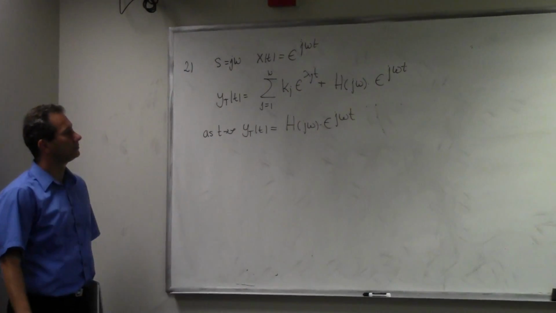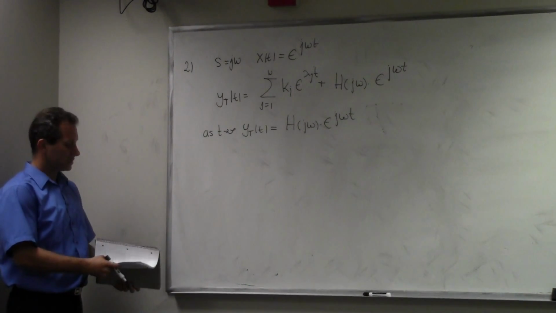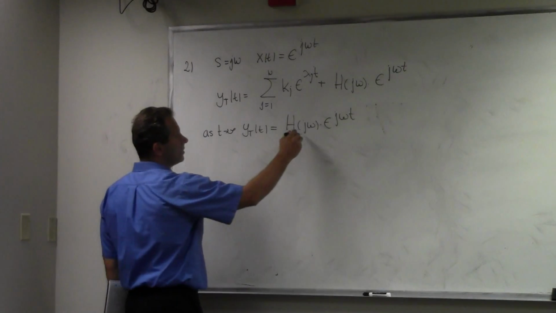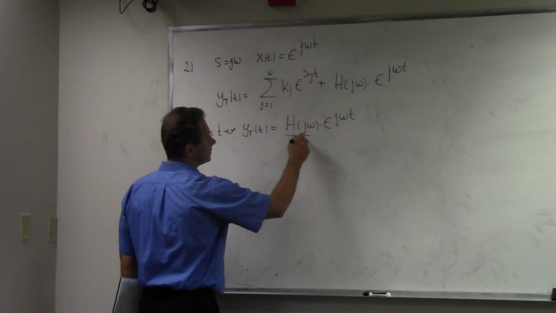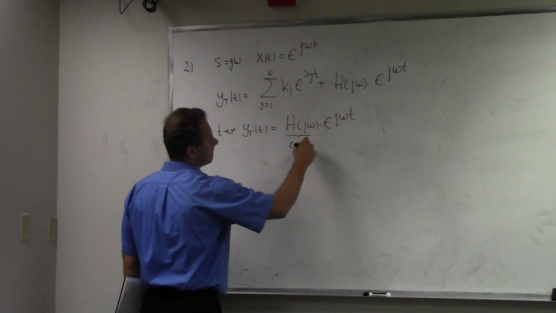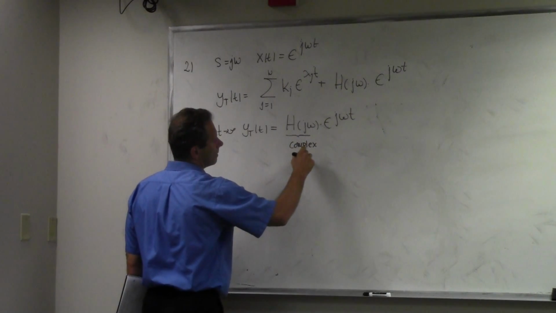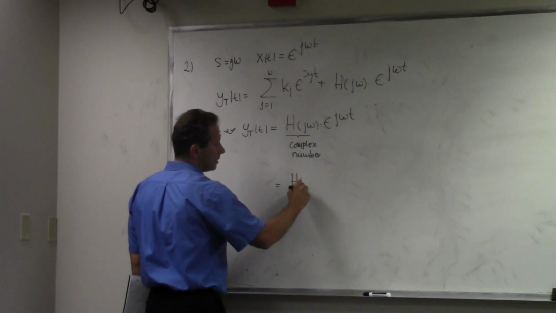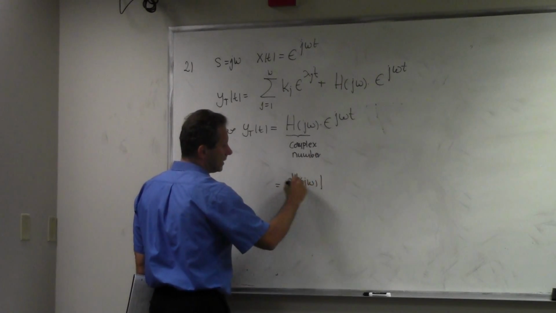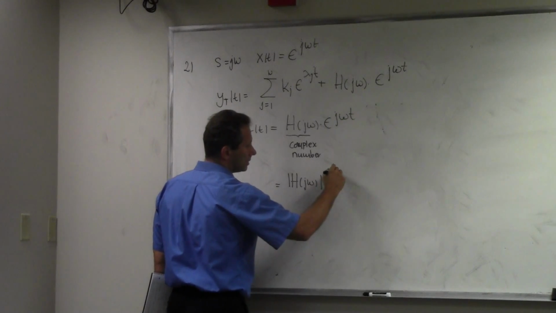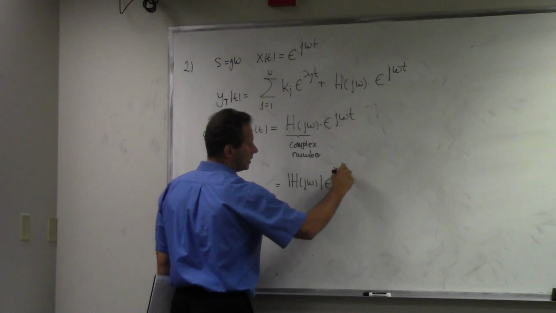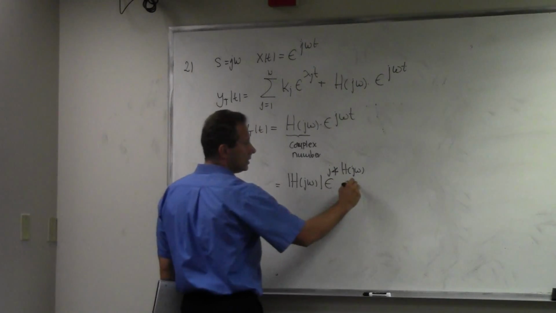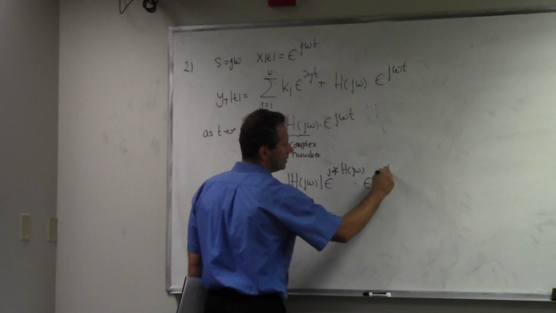All right, so this is this special case, and this h of j omega is a complex number, right? So as such, it can be written as the magnitude of h of j omega, e to the j times the angle of h of j omega, times e to the j omega t.